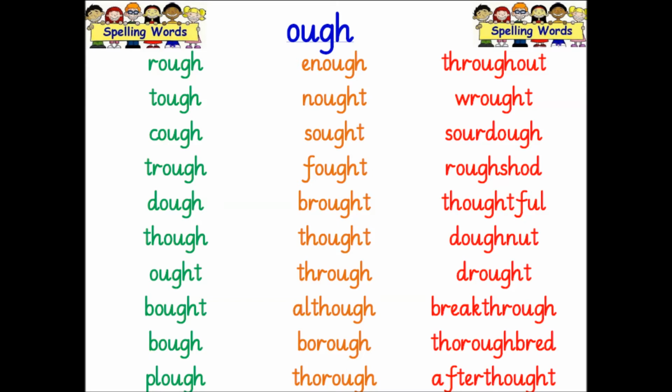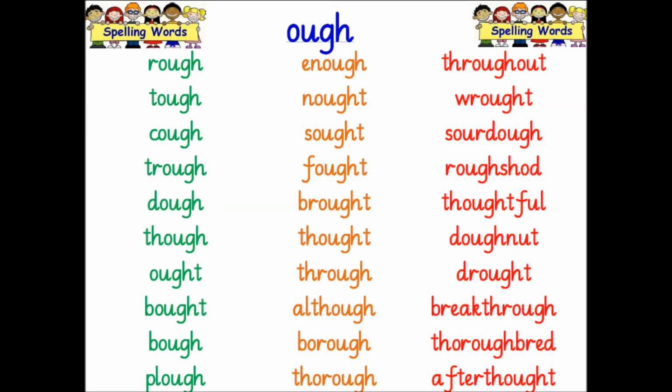Okay, let's look at the orange words then. We've got enough and nought. Nought means zero. It's slightly different from NAUGHT, which means nothing. This means the number zero. So noughts and crosses would be zeros and X's, some people call it. Then sought, that is the past tense of seek.